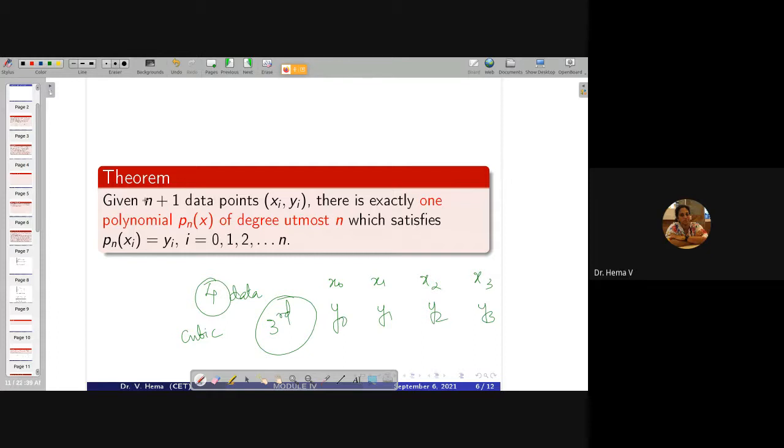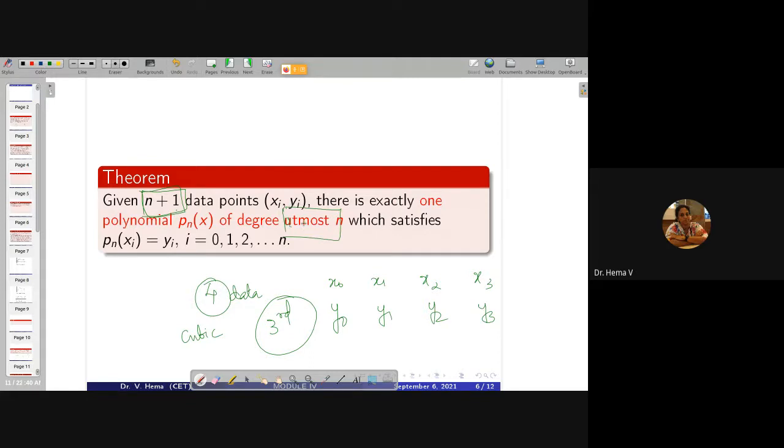If there are n plus 1 data points, are you following? The resultant polynomial Pn of x will be of degree at most n. At most n.